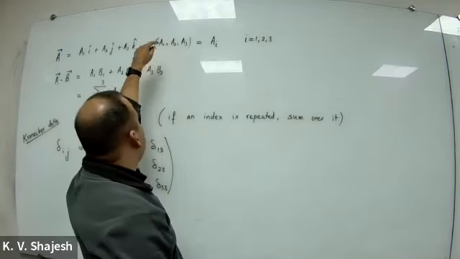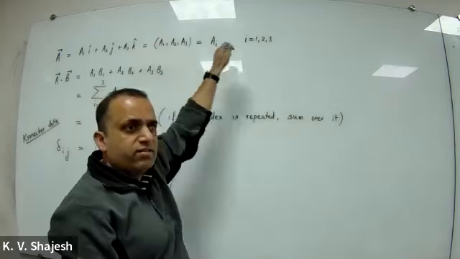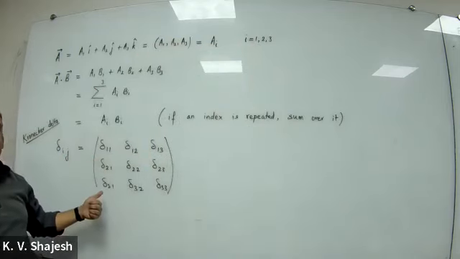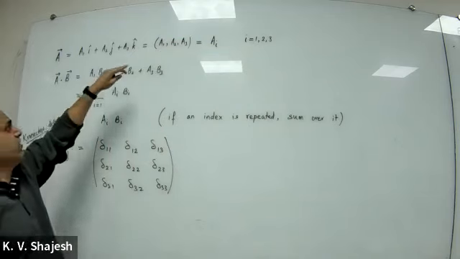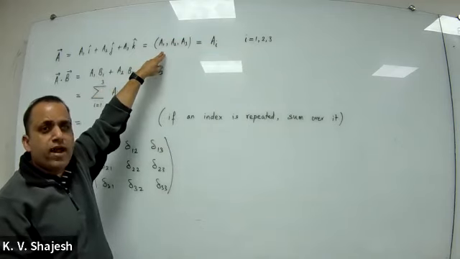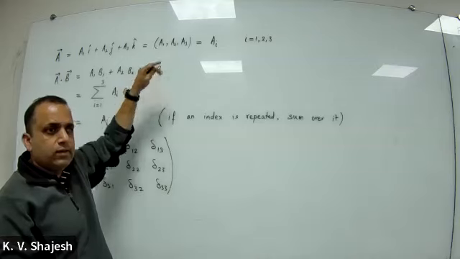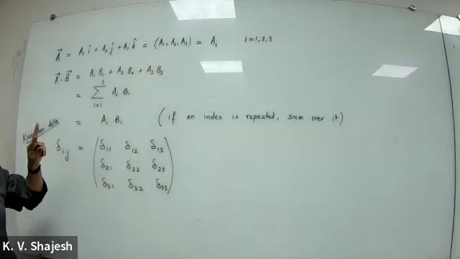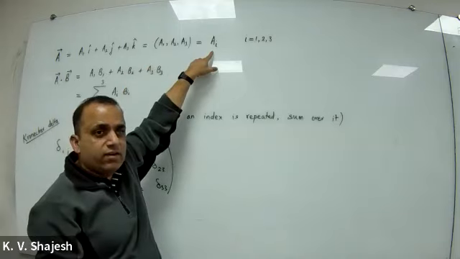A vector has A1, A2, A3, 3 components. Here there are 3 by 3, 9 components. So this is a tensor of rank 1, and this is a tensor of rank 2: 2 indices, rank 2. This has only 1 index, that has 2 indices.